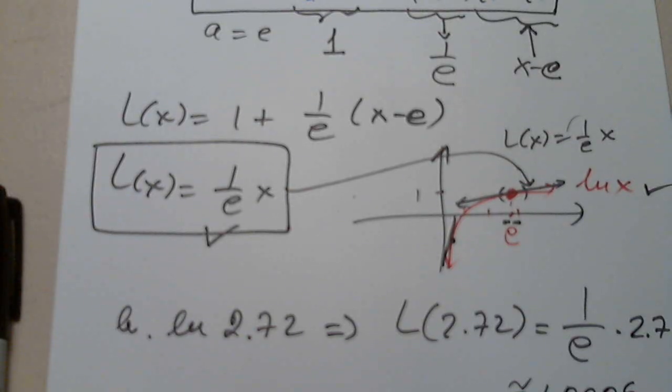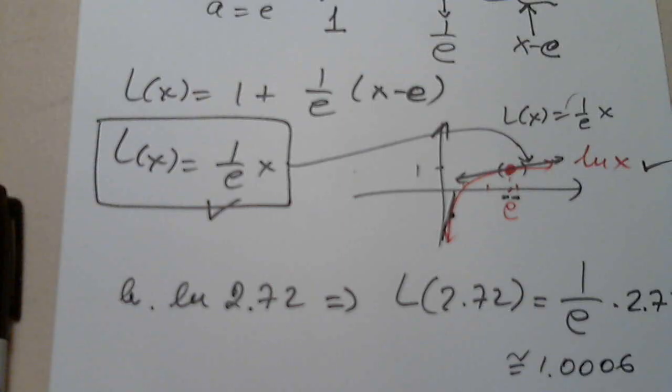Now, in part C, find natural log 2.72 using a calculator. So this will be the exact. So now they want us to find natural log of 2.72 using the function, not the approximation, not the linearization.